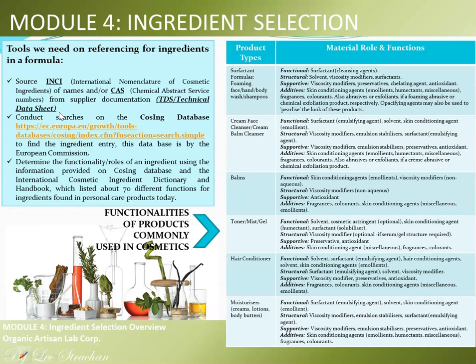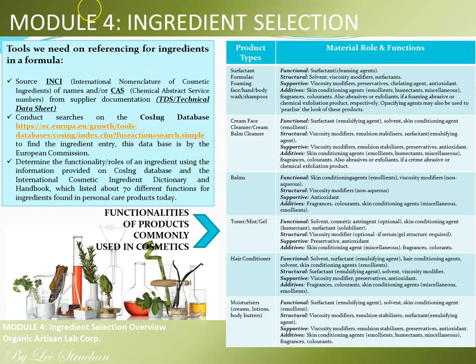from them. Next, once we know the INCI names, it's time for you to check the COSING database. The COSING database is where we can find the ingredient entry. This database is by the European Commission. It's being used all over the world by cosmetic chemists worldwide.